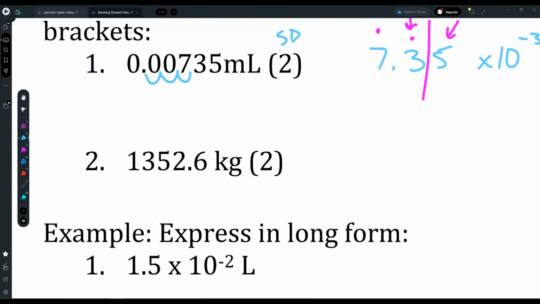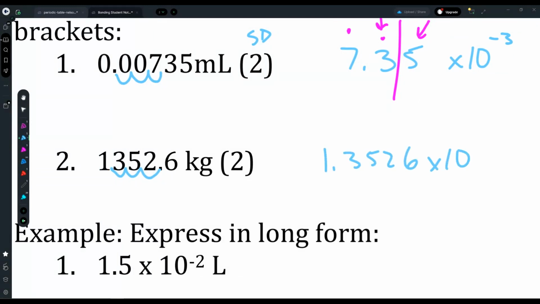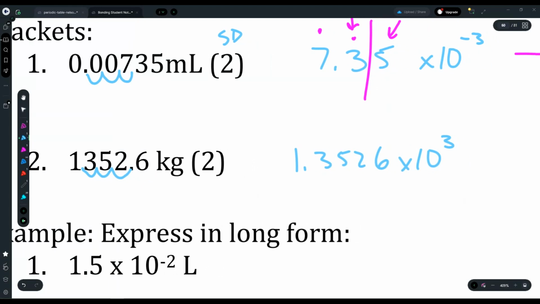We want to represent this number in scientific notation, so I only want one digit that's not 0 to the left of the decimal, so 1, 2, 3. So 1.3526. I moved the decimal over 3, and since my original number was bigger than 1, it's going to be a +3.